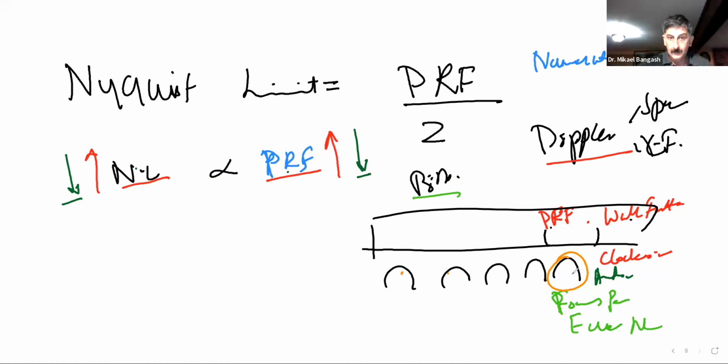If you keep on decreasing the PRF, you will reach a point where you go from having no aliasing to having aliasing, mainly because you decreased the Nyquist limit to where it's lesser than the velocity of blood.